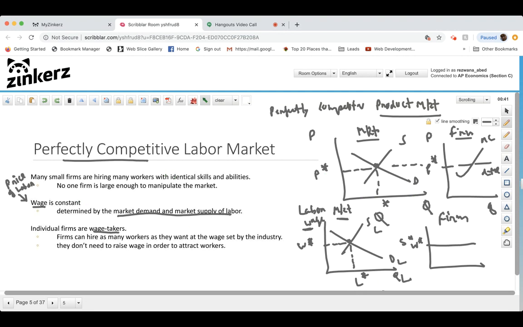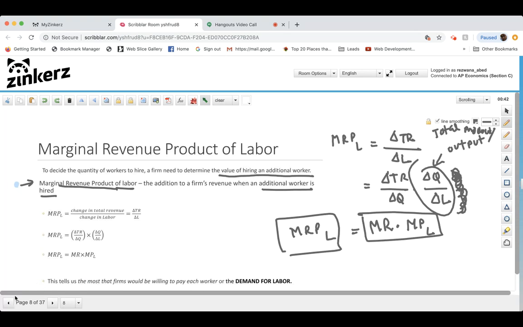So this is the reason. We're assuming that we're in a perfectly competitive labor market, but we're also in a perfectly competitive product market. So the loaf of bread that the bakery is selling, the marginal revenue from selling each loaf is going to be equal to the price.